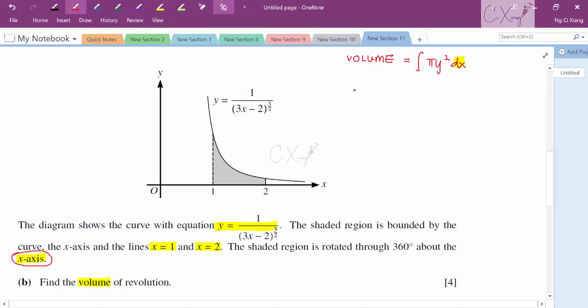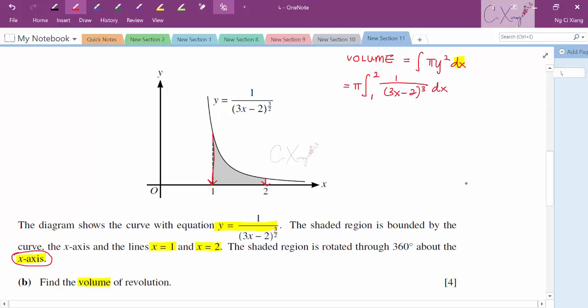Now I start to substitute in all the details. Pi is a constant, so I will take it out. What are the limits for the x value? You can see that x goes from x equals 1 until x equals 2, so I have 1 and 2 here. And y squared means I have to square this function. When I square this function, eventually I have 3x minus 2 power 3 and dx.